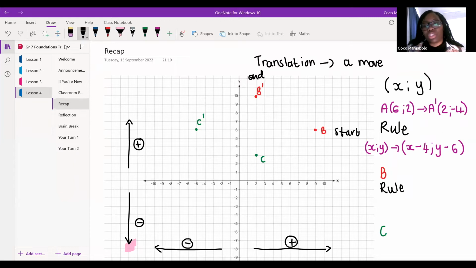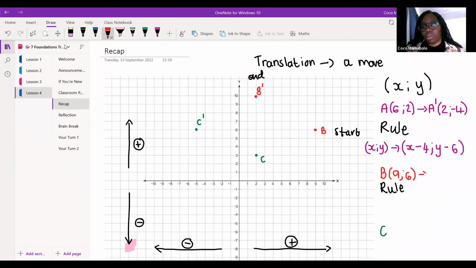Now, what I want you guys to do is give me the coordinates for B, this one over here at my start, and give me the coordinates for B prime, that one over there. Give me the coordinates in the chat, please, guys. What is B? Mila says 9 and 6. I agree, guys. Open brackets, 9, semicolon, 6, close brackets.